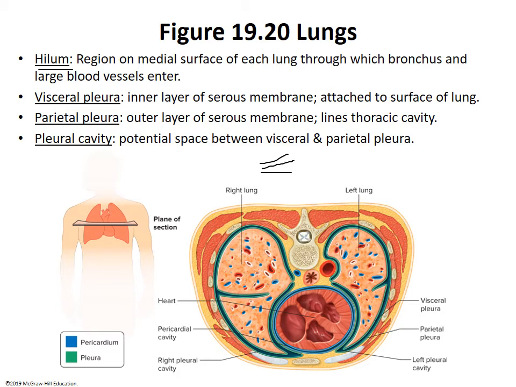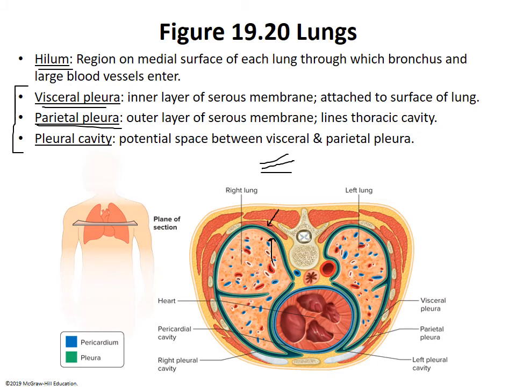And then going back to our 210 first lab, this is where you're going to find the pleural membranes. All right, the serous membranes, which is going to consist of a visceral pleura, which is going to be on the actual organ, and then the parietal pleura, which lines the cavity.